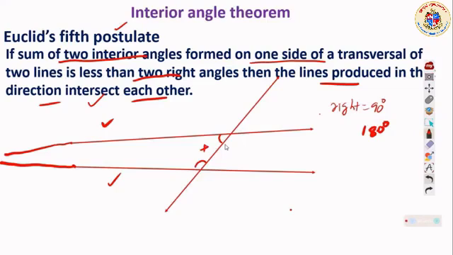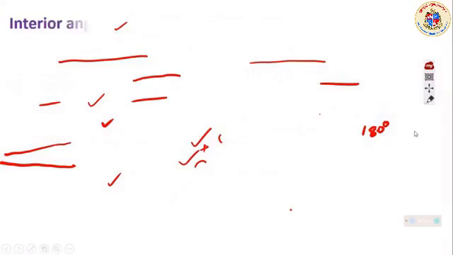This postulate is very important because it is telling us about the interior angles of a set of lines. If the interior angle sum is equal to 180, or if it is supplementary, then those two lines will be parallel. It can be proved, and we need to understand the proof.